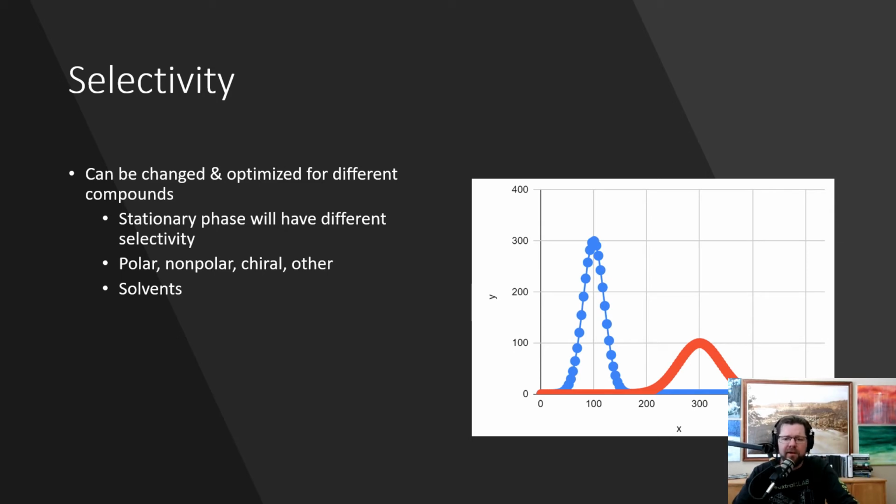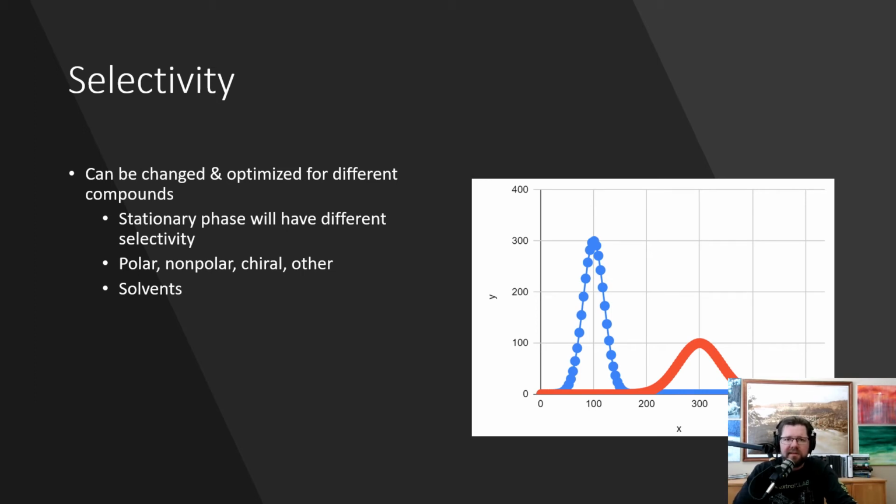And that's why chromatography is such a great technique, because you can change the stationary phase and that will have a different selectivity for these different compounds. It could be that if you change the stationary phase, there would be no separation at all. Or you could change the stationary phase, and the red one might come out first instead of the blue one. So these are things that you can do to move these peaks around relative to one another.